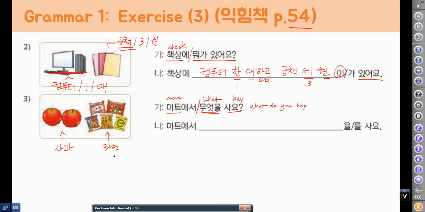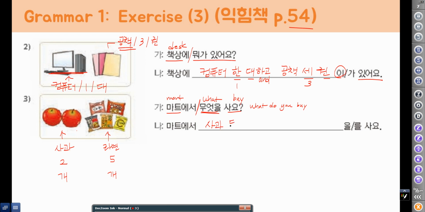And how many ramens? 5. How many apples? 2. And the counter for counting 사과, 개. Okay. And counter 개, counting the ramen also uses the counter, like snacks or ramens, fruits. So 마트에서 무엇을 사요? Noun first. 마트에서 사과.